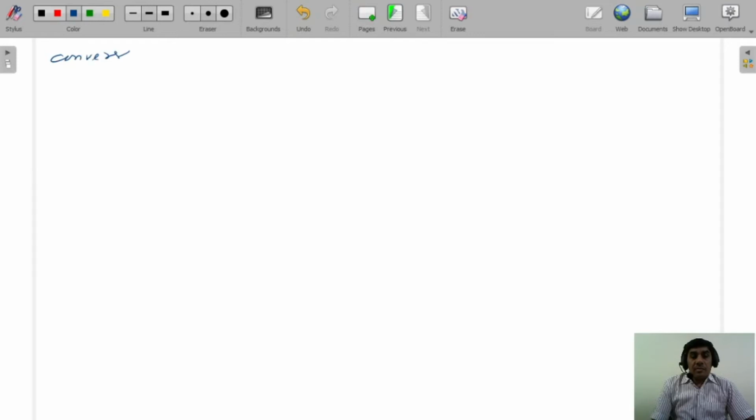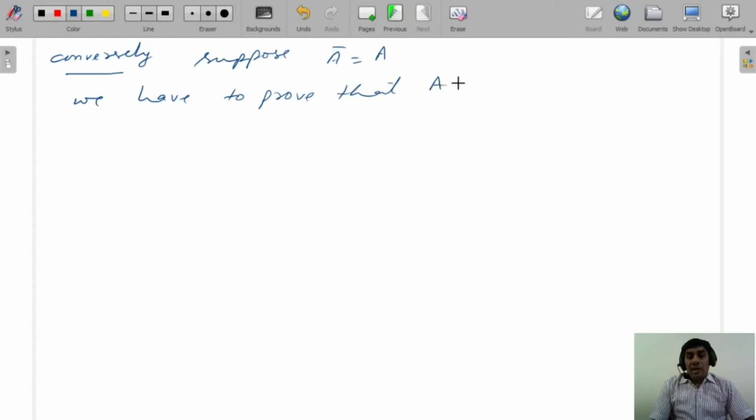Conversely, suppose A closure is equal to A. We have to prove that A is closed, that is, A contains all its limit points.